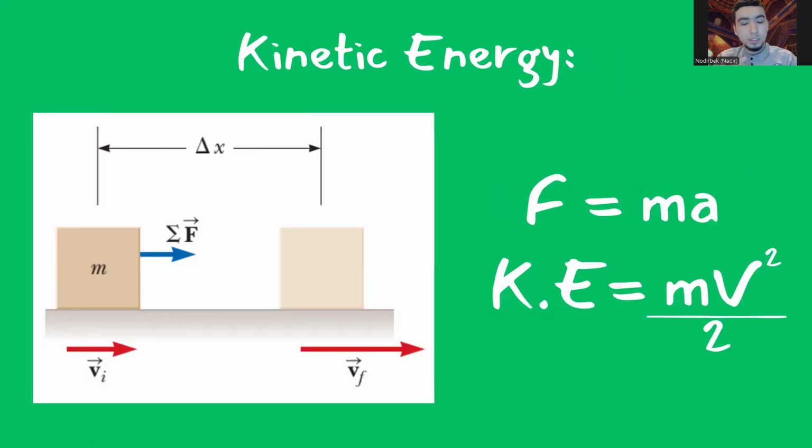Now, let's see the kinetic energy. The kinetic energy has the formula: kinetic energy equals mv squared divided by 2. While the actual formula for the force is m multiplied by a, or m multiplied by velocity over time, or m multiplied by acceleration. You may ask why.